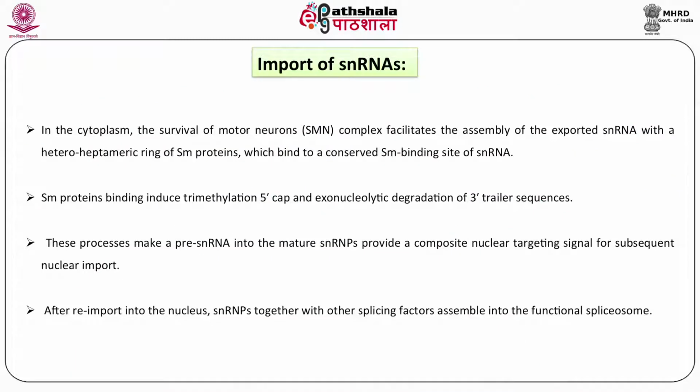In the cytoplasm, the survival of motor neurons complex, called the SMN complex, facilitates the assembly of exported snRNA with the heteroheptameric rings of Sm proteins, which bind to the conserved Sm binding site of snRNA. Sm protein binding induces trimethylation at the 5' cap and exonucleolytic degradation of 3' trailer sequences.